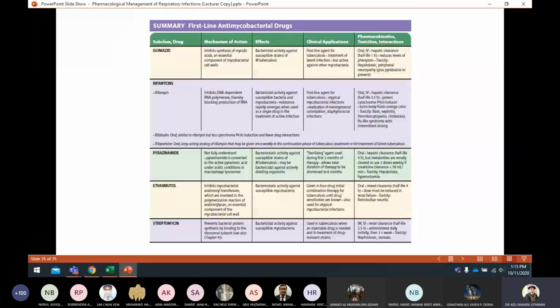So if you don't remember anything about the toxicity of anti-tuberculosis drugs, please try to remember that all of them, even though here in rifampin it does not say hepatotoxicity, each of them, all 4 of them, is hepatotoxic. So if you cannot remember anything, please remember that with tuberculosis treatment, there is always a risk of hepatotoxicity.